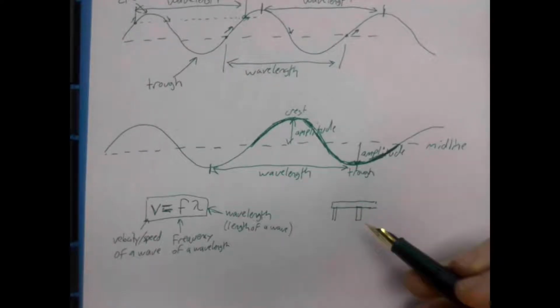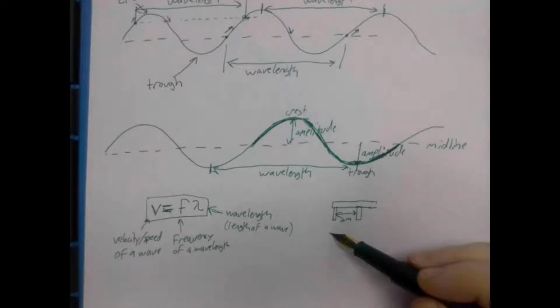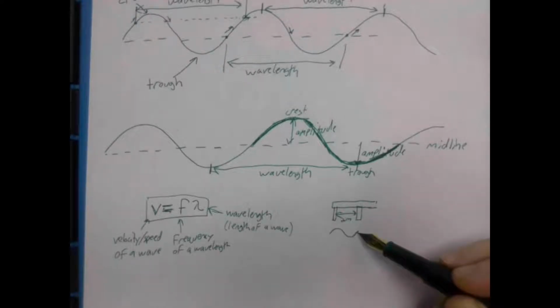If the distance between these two poles, let's say it's 2 meters, so basically the width of the wavelength is 2 meters, and let's say that you watch a crest go from this to here in 1 second.